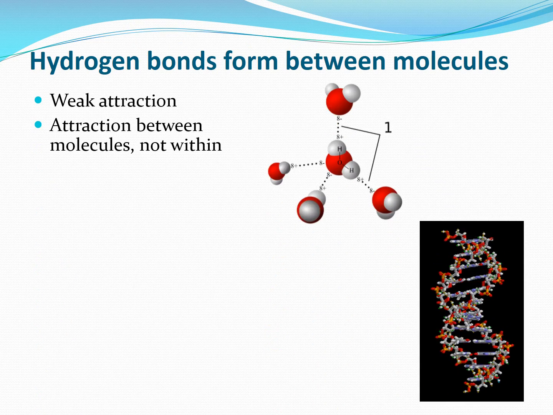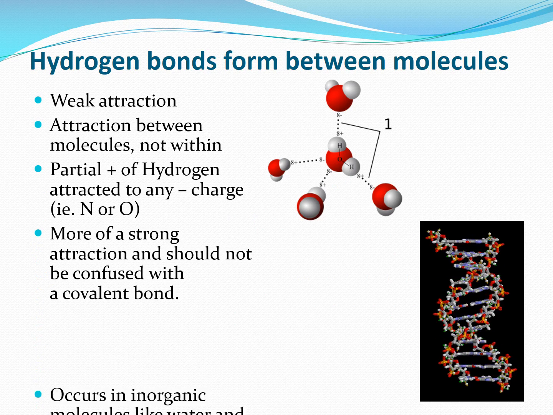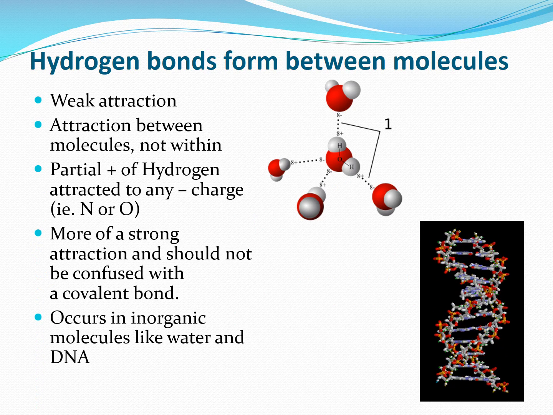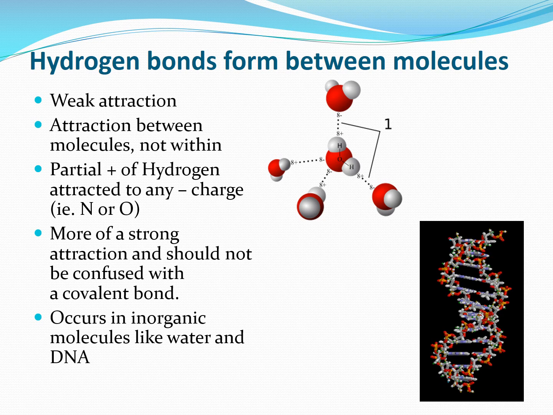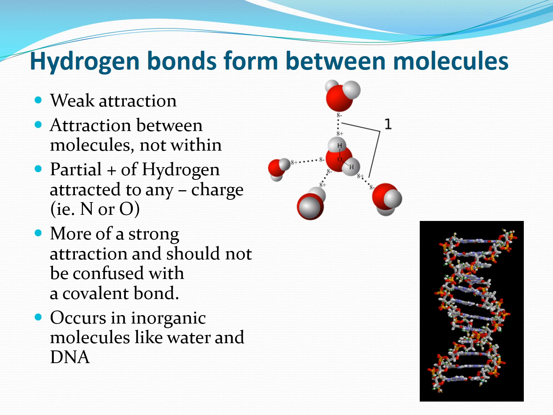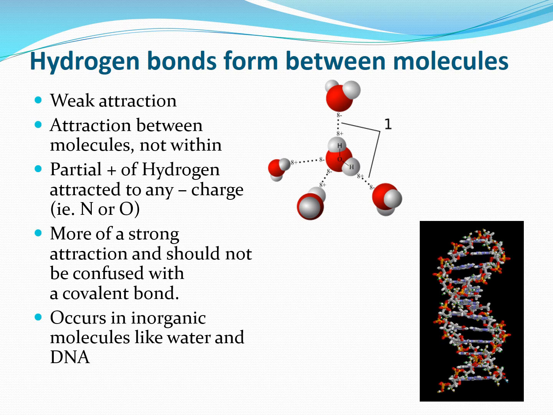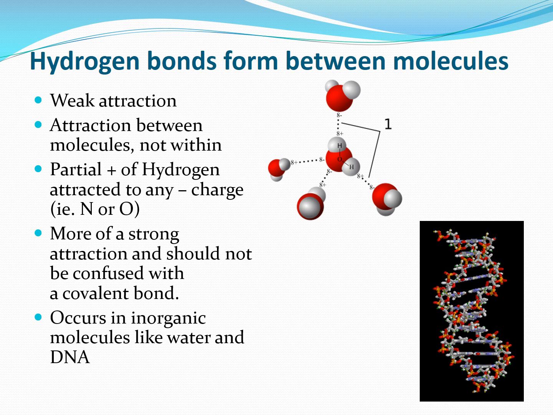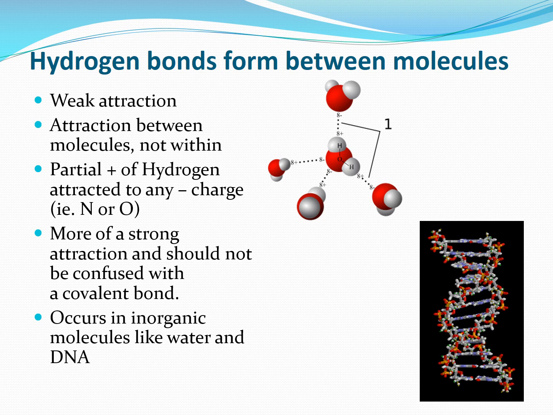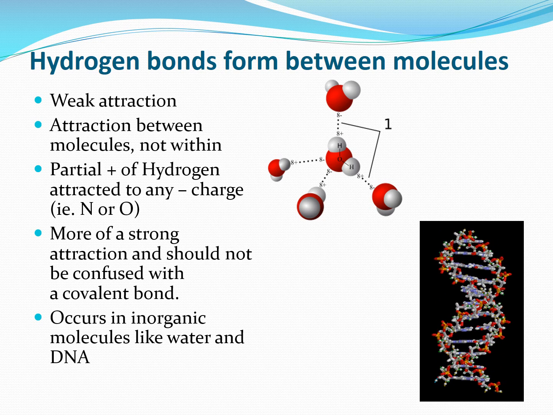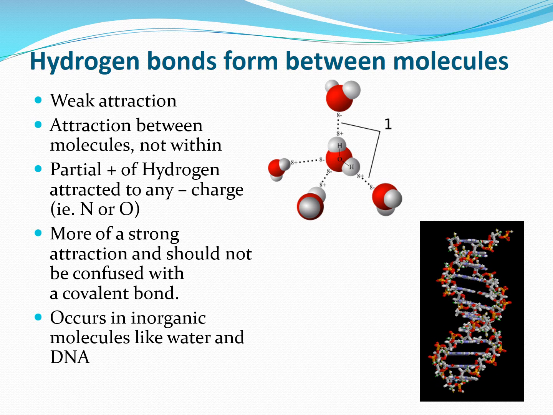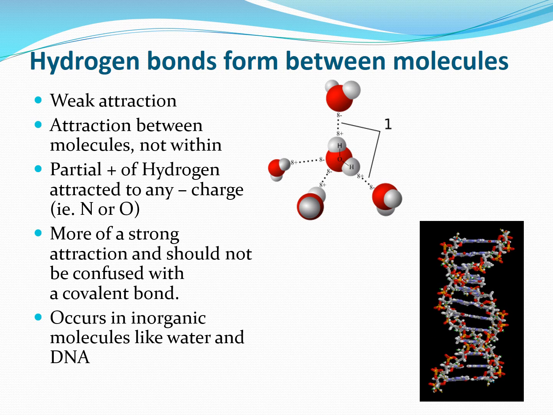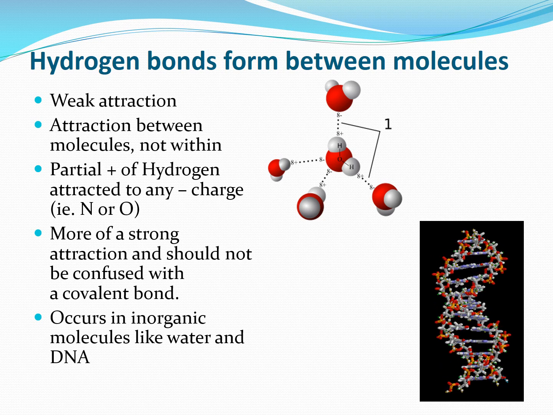Let's move on to the third kind of bond that we're going to see a lot of this semester. You can see on the right side water molecules, which we talked a little bit about in lab, which form these bonds together, and they form that meniscus that we talked about. If you spill water on the table, it kind of pulls together. They have these bonds which are basically weak attractions to each other.